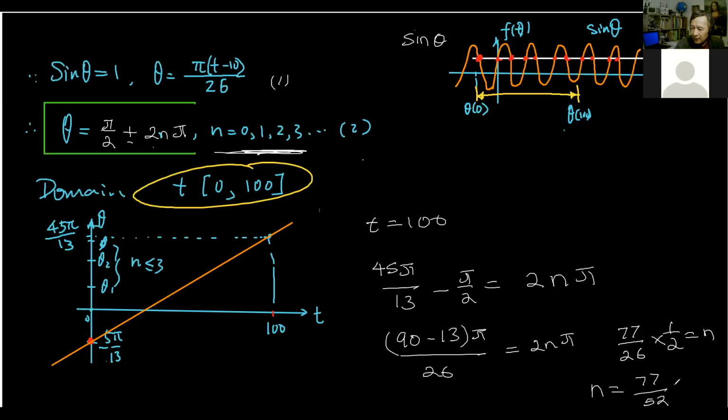Now what is n here? You almost get here. So n equals 77 divided by, what is the nearest smaller integer? Can we use a decimal? 77 divided by 52, on the calculator, that's almost 1.4, 1.48.